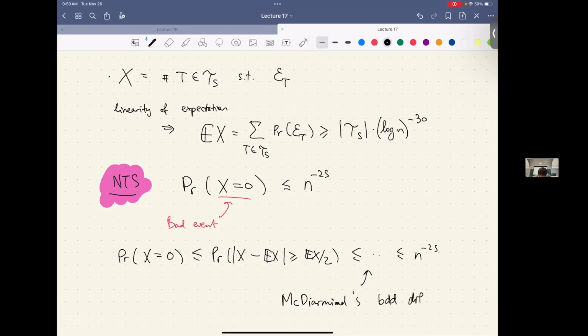Bounded difference inequality, some concentration inequality. So for this, you need to show that... Do I have time to talk about this?